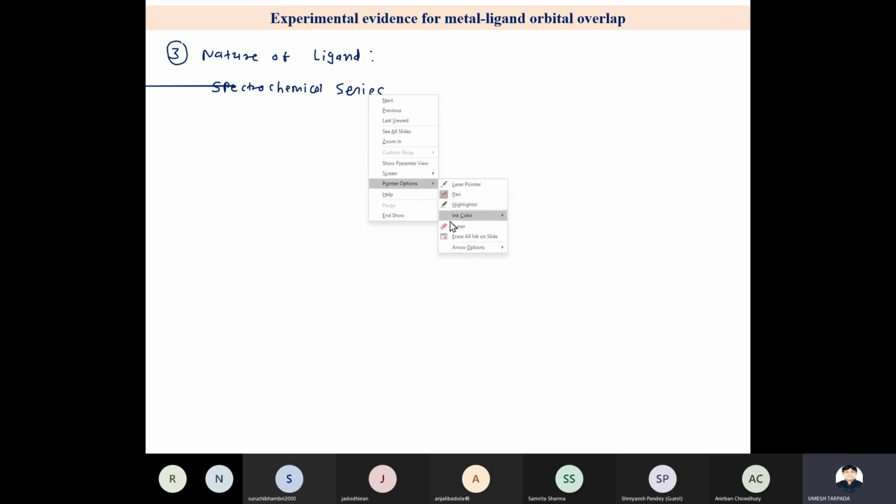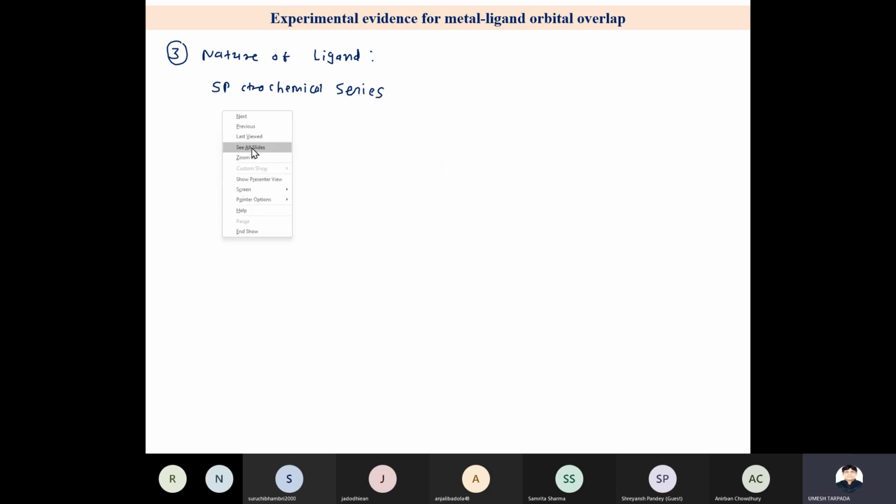Next is ligand field. You can have ligands in an increasing order of their field strength, so crystal field stabilization energy directly increases. So you can go for the spectrochemical series. It is increasing order of field strength.